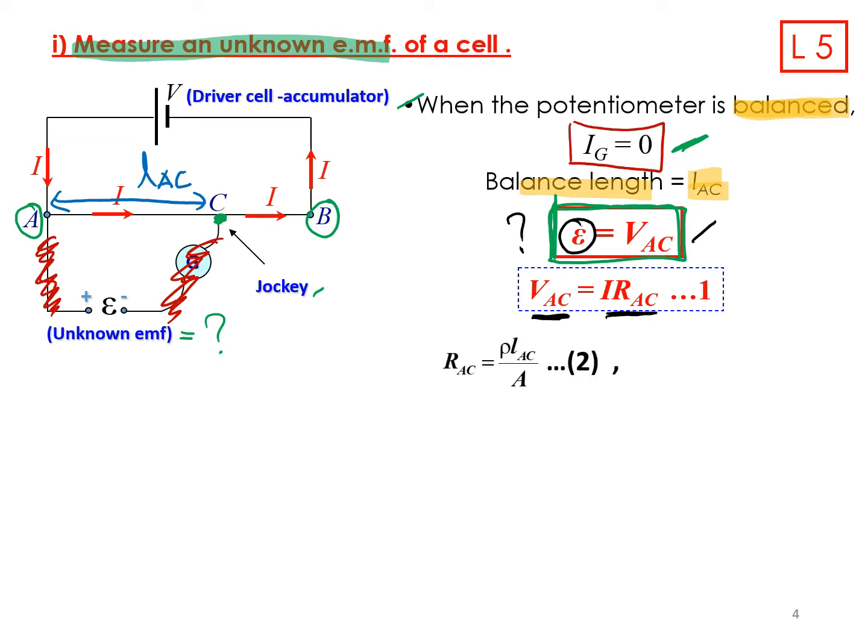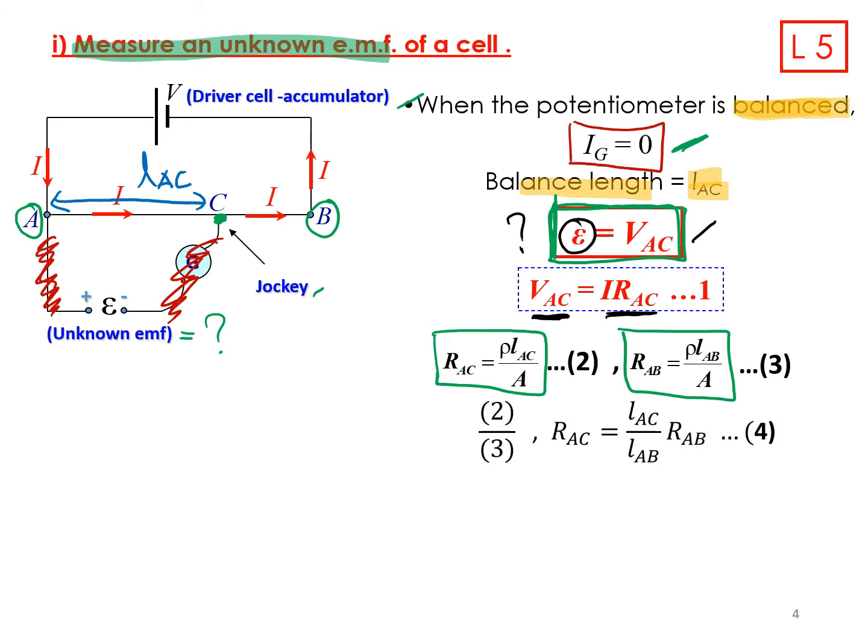Therefore, you can use the equation R equals rho L over A to find the resistance of AC. But we don't have the length of AC, right? Doesn't matter. Same goes with AB. AC and AB occur in the same wire.